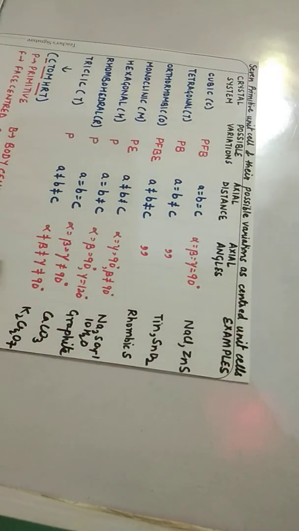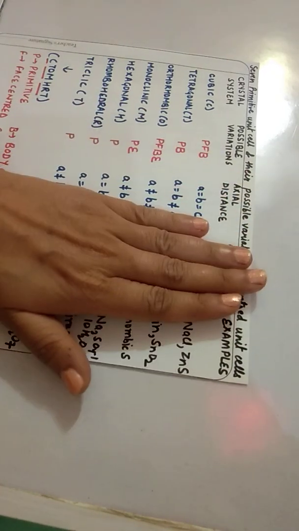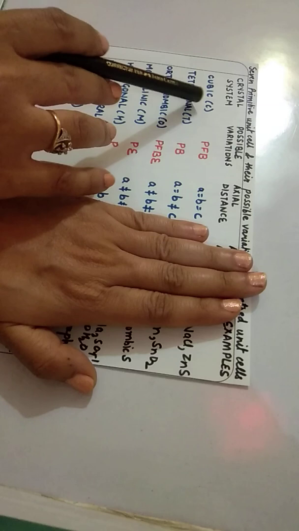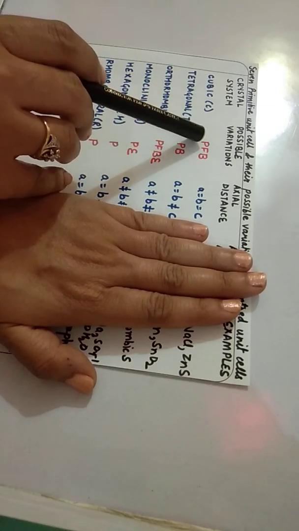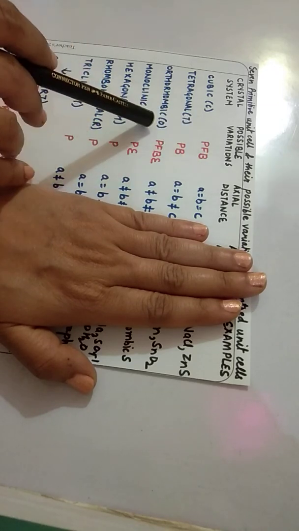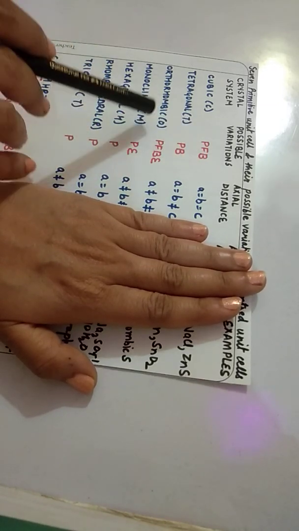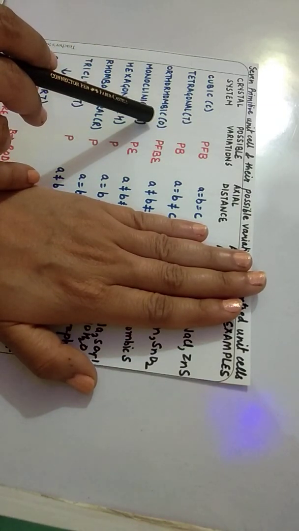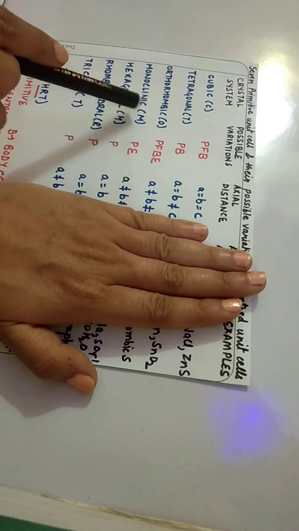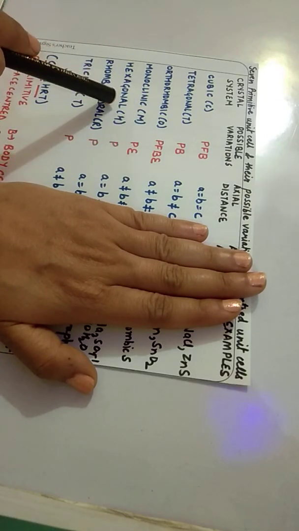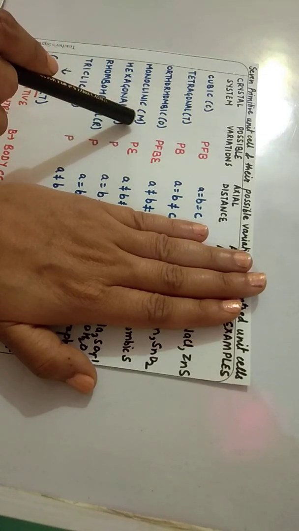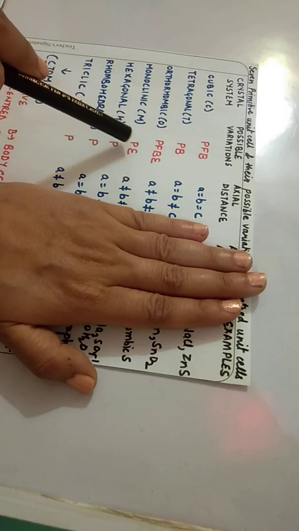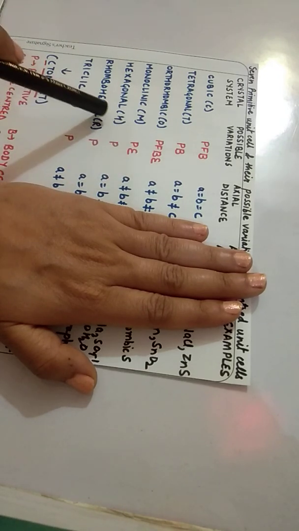So now I just hope you all have learned this. Let me revise this again. For the first, second and third, alpha equals beta equals gamma equals 90 degrees. Fourth one, alpha equals gamma. Fifth one, alpha equals beta. For the fourth one, alpha equals gamma equals 90 degrees, but beta is not equal to 90 degrees.